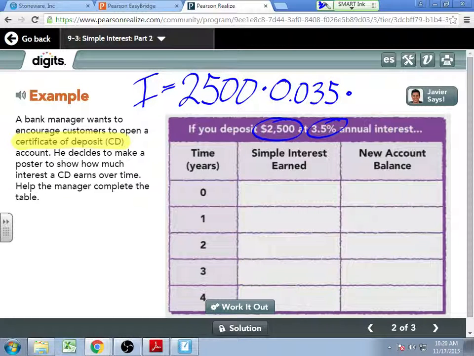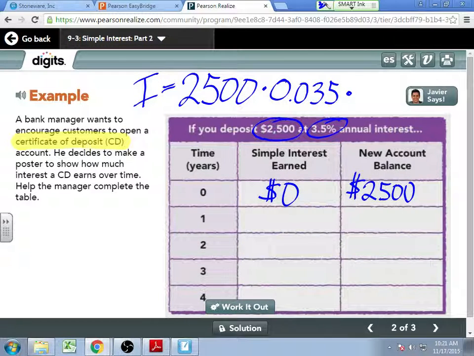So, after 0 years, how much have we earned? We haven't made anything. We just opened the account, so my balance is still $2,500.